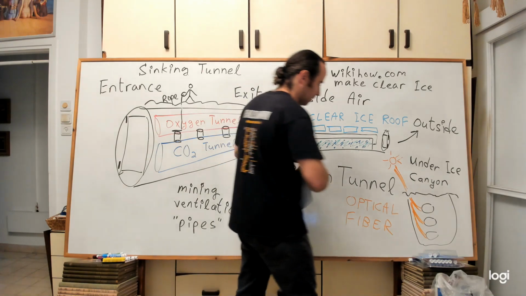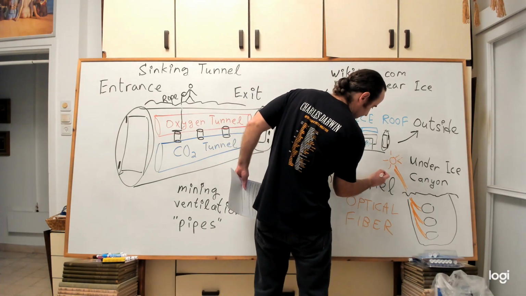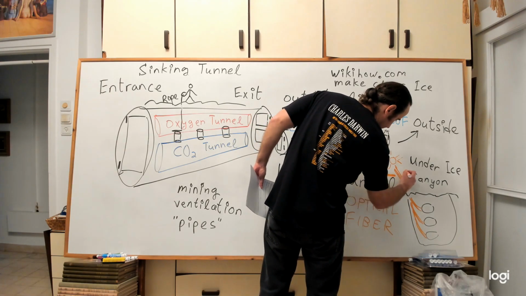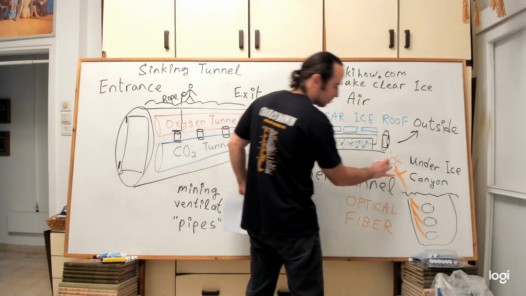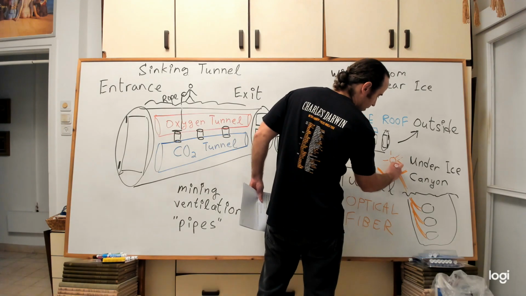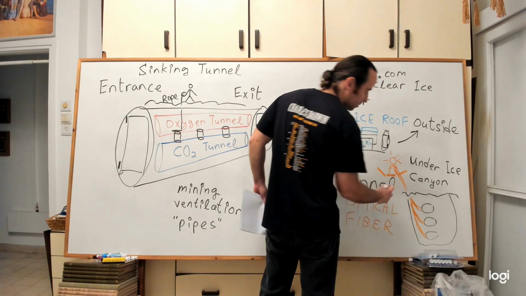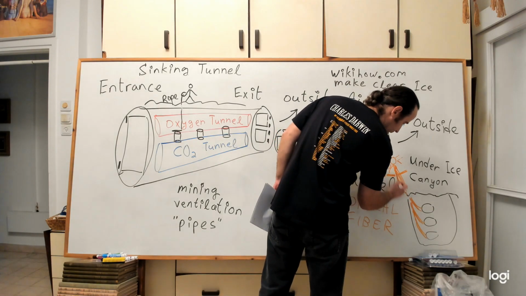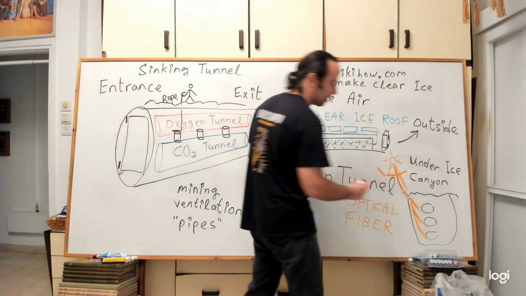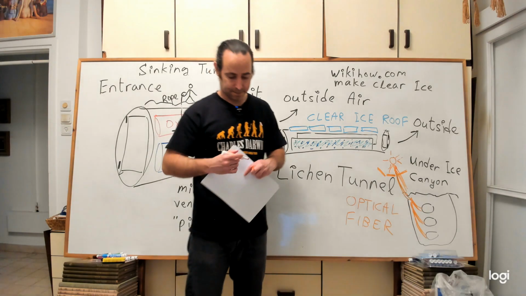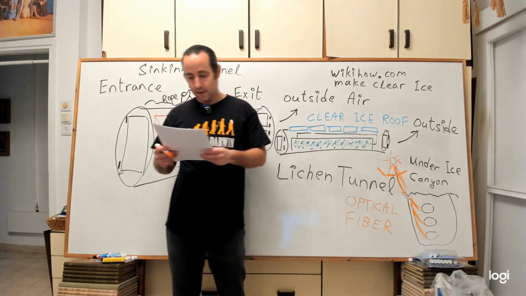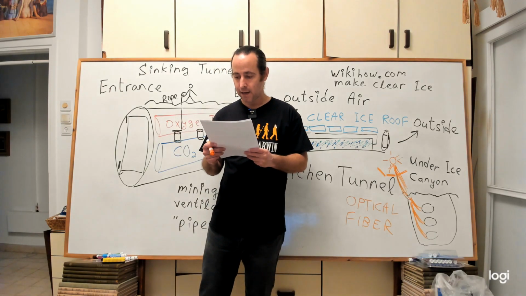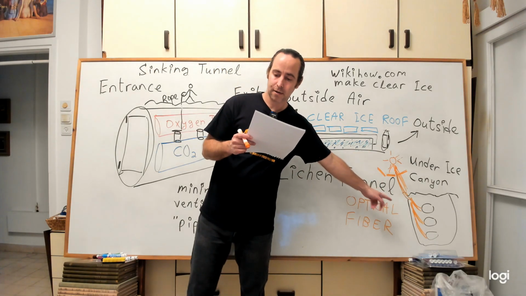So there are mirrors here, and they are concentrated on one spot, let's say some tower, and this tower gets connected to the optical fibers, like in a solar farm, and then distribute along the tunnels.